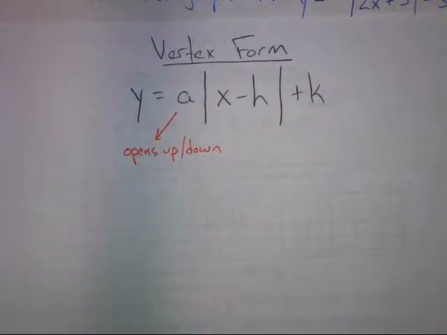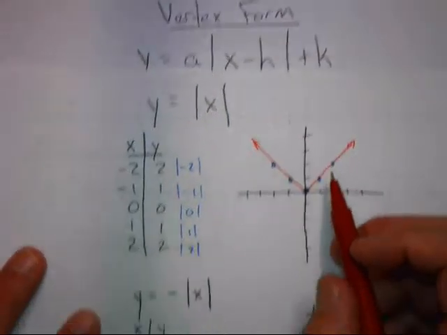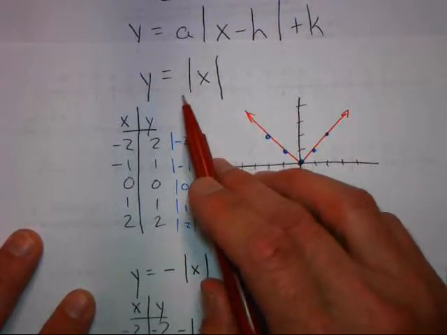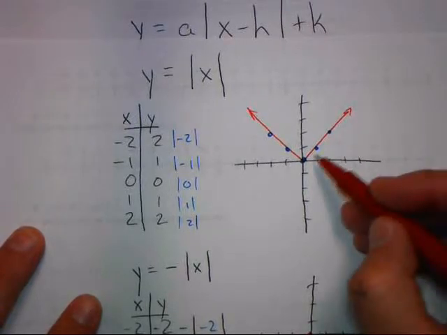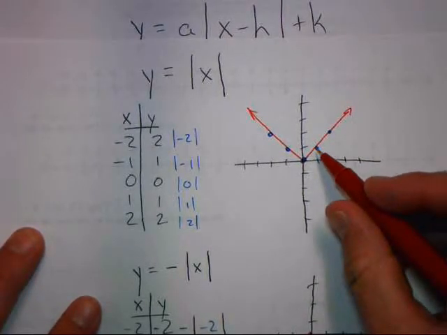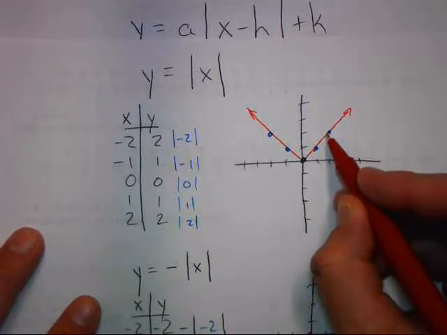Now, what else is interesting about a is it gives us a little bit more information than that. Again, if you go back to our examples, this a here was 1. Take a look at the graph. This graph has something interesting about 1. It has a slope of 1. If you notice on one side, we go up 1, right 1, up 1, right 1. That's the slope.